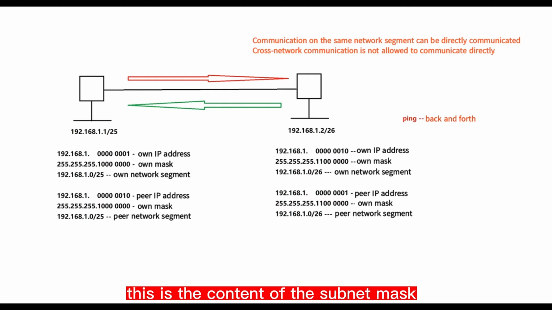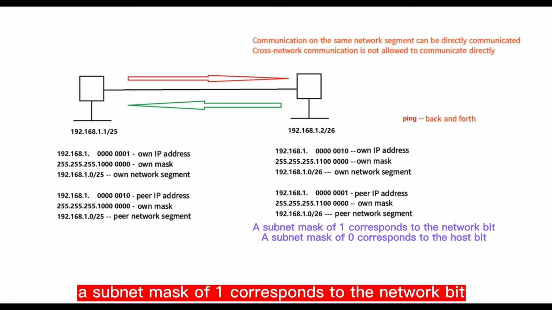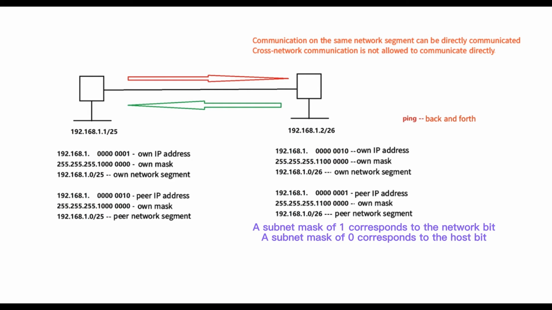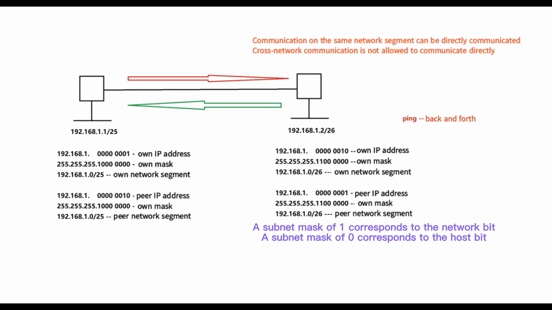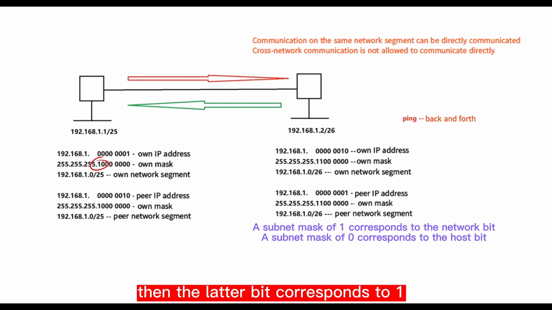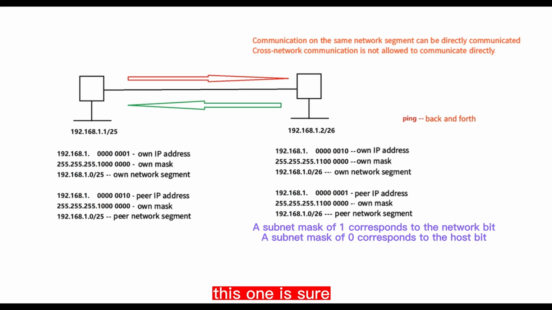This is the content of the subnet mask mentioned earlier. A subnet mask bit of 1 corresponds to a network bit. A subnet mask bit of 0 corresponds to a host bit. The first 24 bits are 1, so it is 192.168.1. Then the next bit corresponds to 1, and this one is sure, it is actually 0.